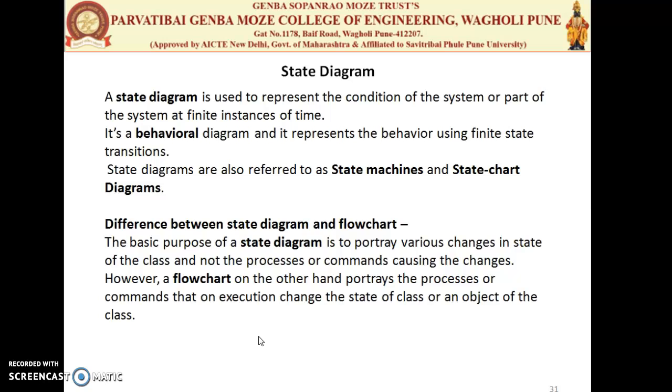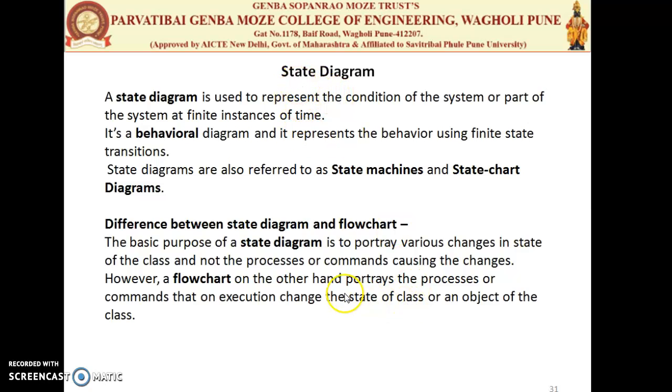There is a basic difference between the flow chart and the state diagram. In the flow chart we have proper instructions, proper commands to flow from one state to another. Here in a state diagram we will not find commands, processes or instructions flowing from one activity to another.